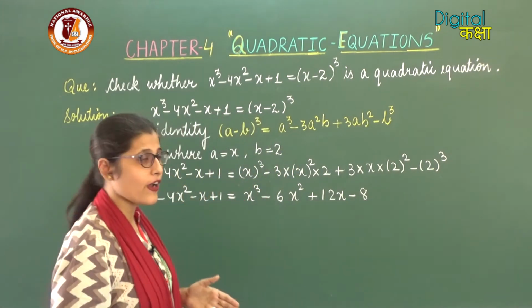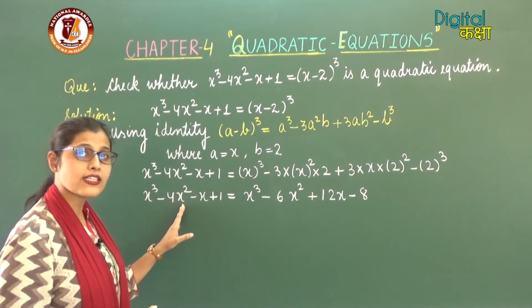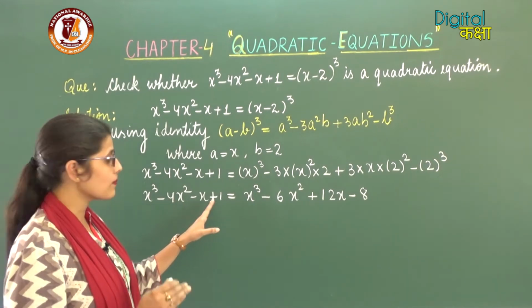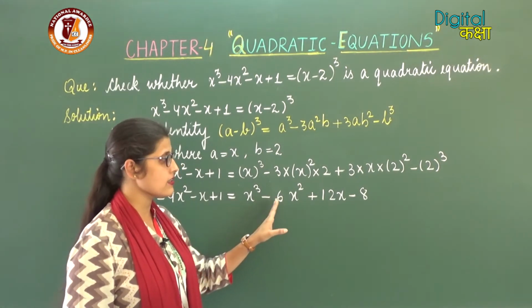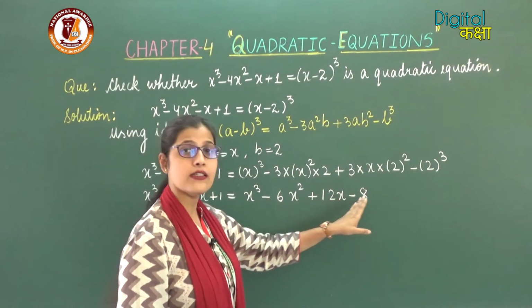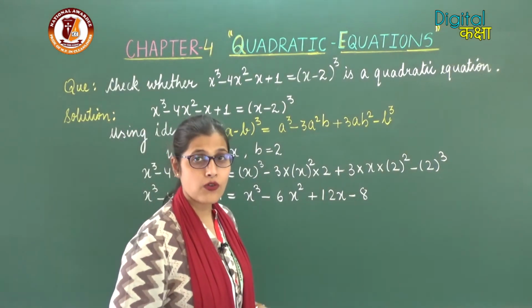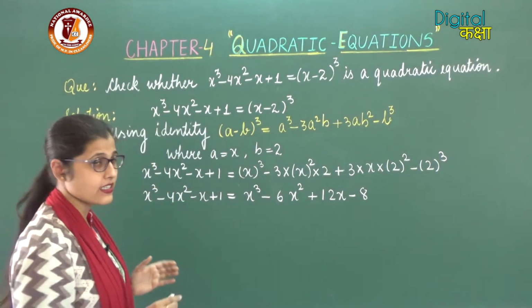We will be simplifying it. Therefore, x cube minus 4x square minus x plus 1 will be equal to x cube minus 6x square plus 12x minus 8. Now, we will bring all the terms to the left hand side.